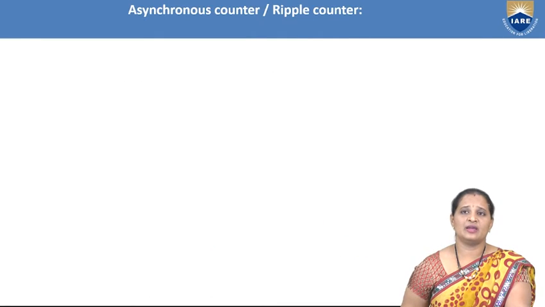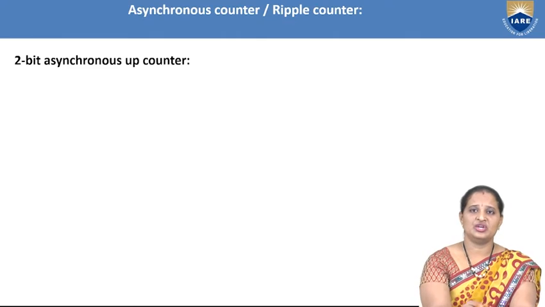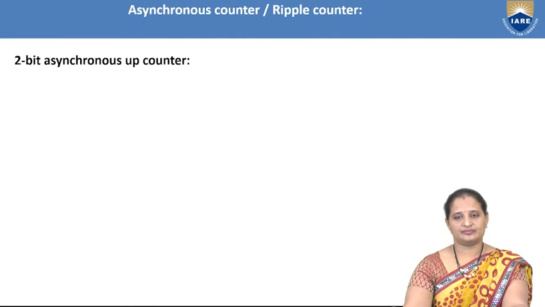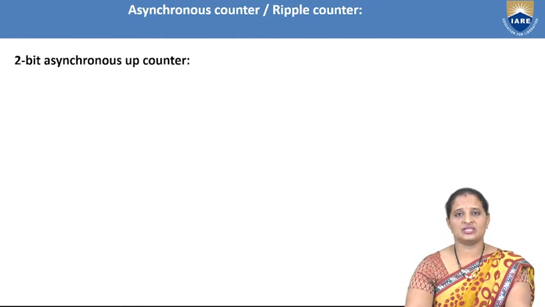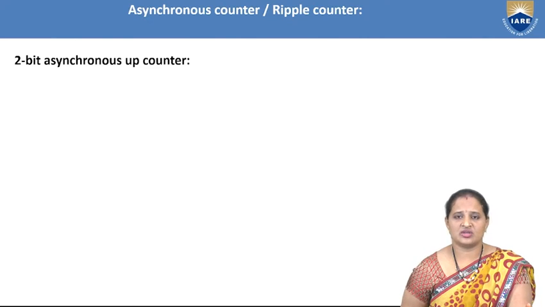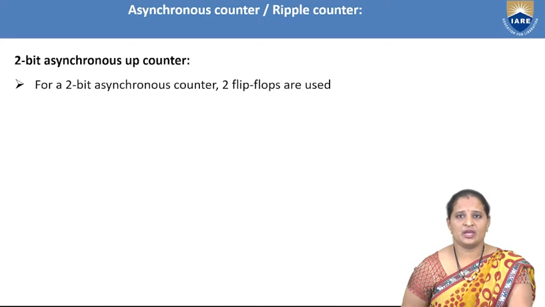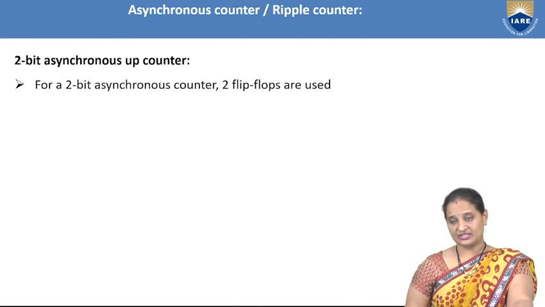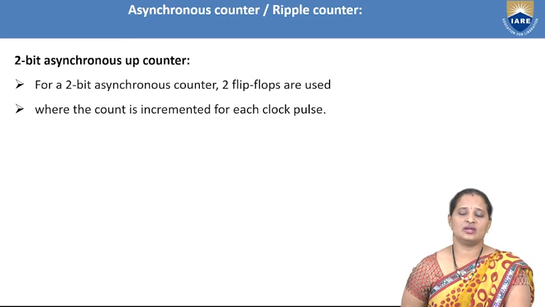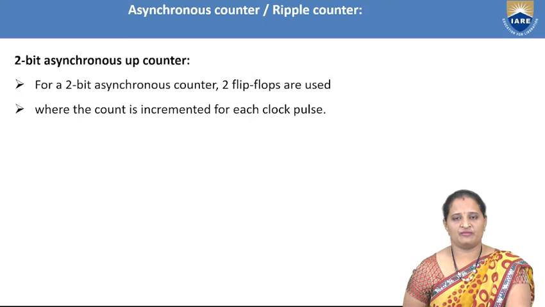Now let us see the up counter first. The basic counter I want to discuss here is the 2-bit asynchronous up counter. As I want to design a 2-bit counter, I require 2 flip-flops.